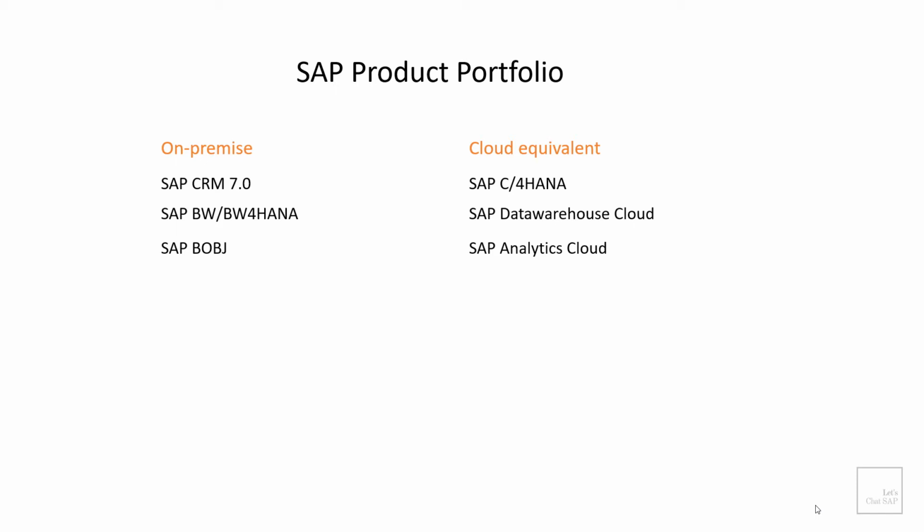In a similar pattern, we have two different versions when it comes to SAP SRM as well. One is the on-premise version, which is called SRM 7.0, and its cloud-based equivalent is called SAP Ariba. SRM on-premise application is based on NetWeaver technology. The latest enhancement pack available for SRM is Enhancement Pack 4.